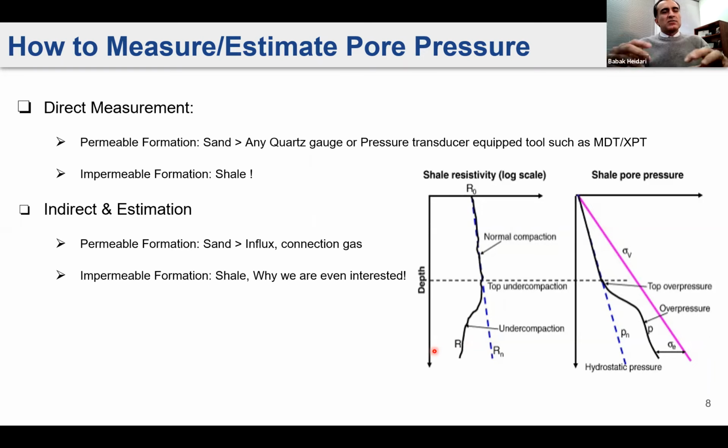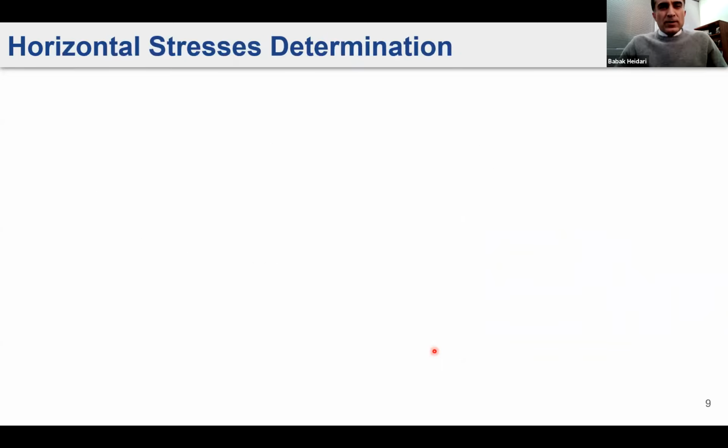If there is no depletion or injection, they are going to have more or less the same pore pressure. This was giving them an early indication of what pore pressure they should anticipate in the upcoming permeable formation. So I guess we are clear on the pore pressure.